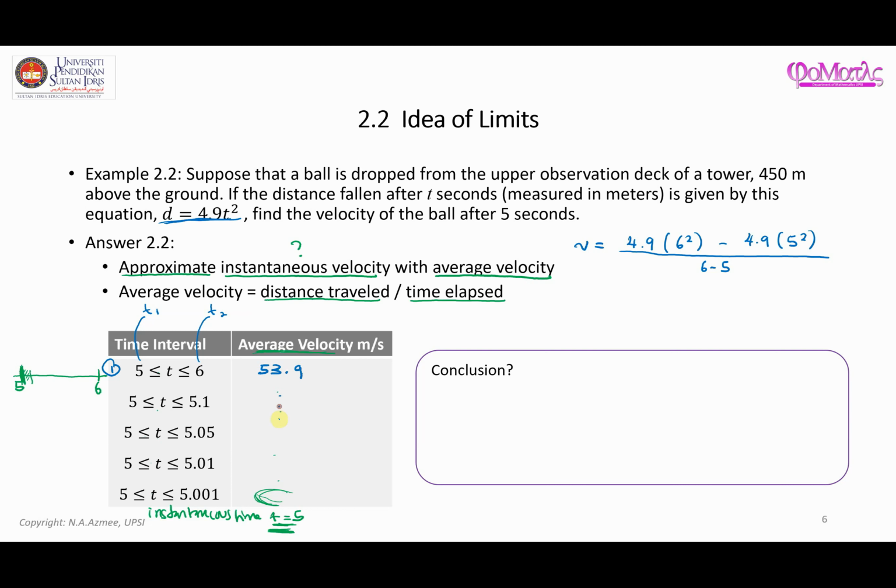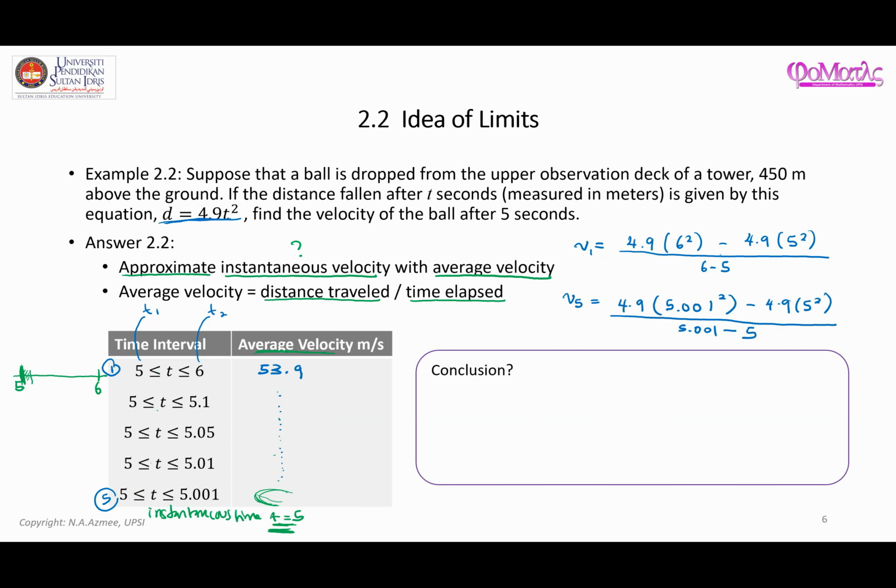So keep on doing this just to see how the number converges to a certain value. For the last one here, this is the 5th time interval. You can plug in the values: 4.9 times the value of t2, which is 5.001 squared, minus 4.9 times the value of t1, which is 5 squared, over the difference of the time, 5.001 minus 5.